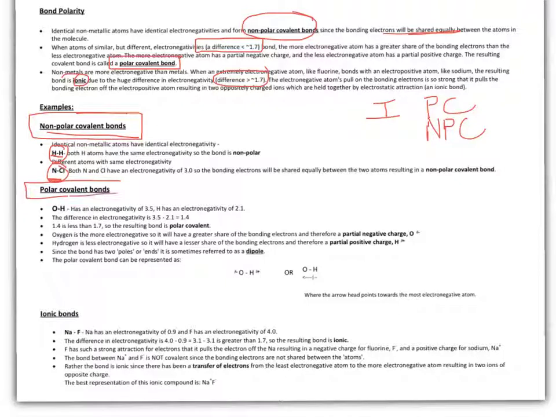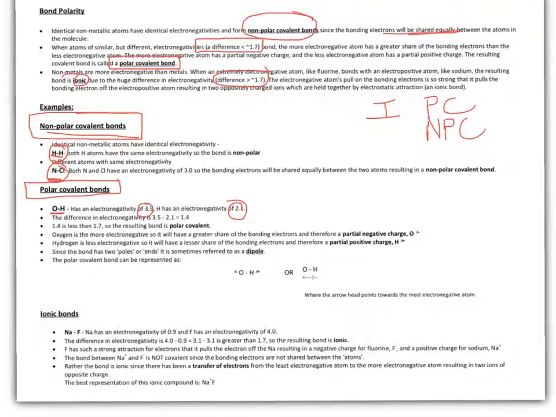Polar covalent bonds. If you look at the numbers in the table, O has an electronegativity of 3.5, and H has an electronegativity of 2.1.